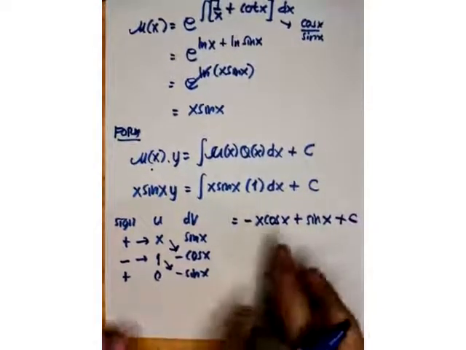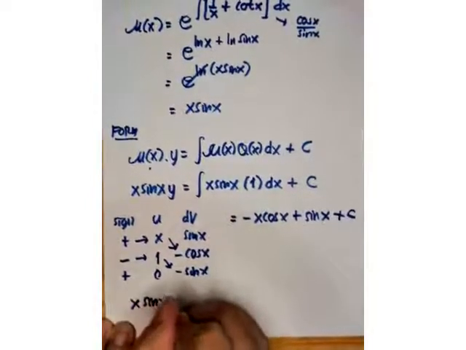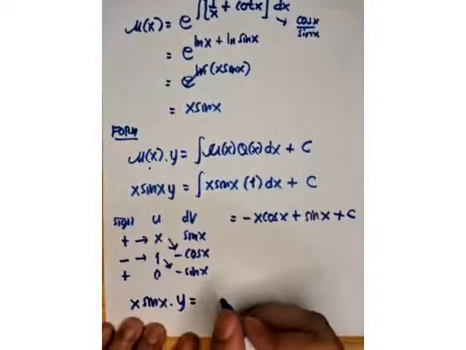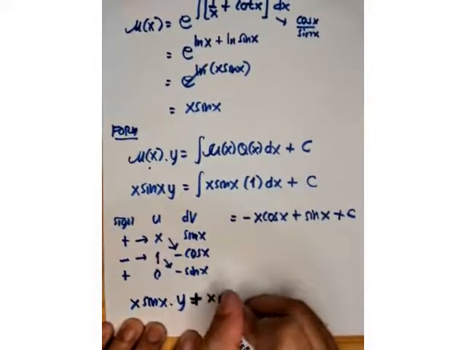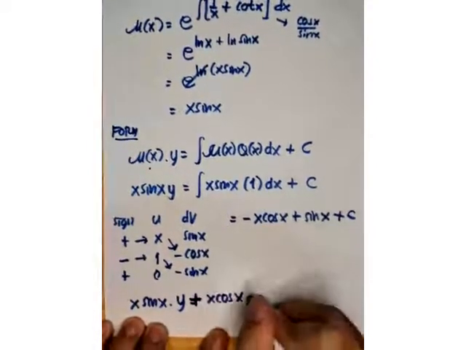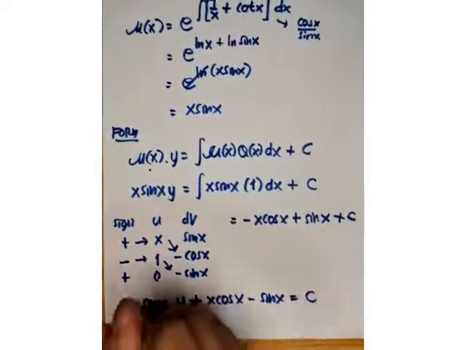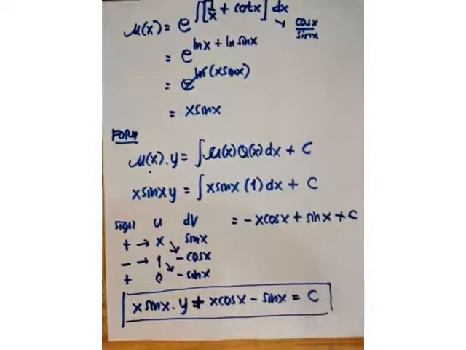Ayan. And then i-transpose na lang natin lahat sa kabila. So we'll have x sine x times y plus x cosine x minus sine x is equal to c. Ayan. So this is our general solution.